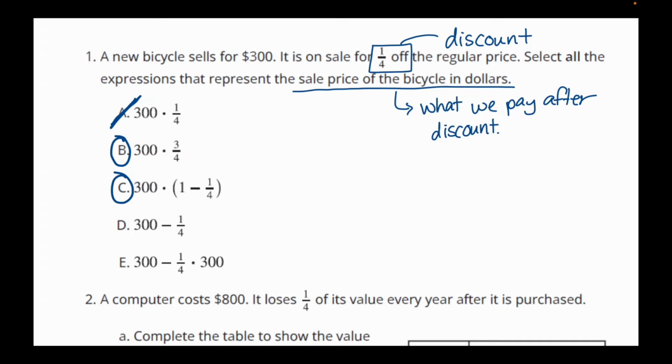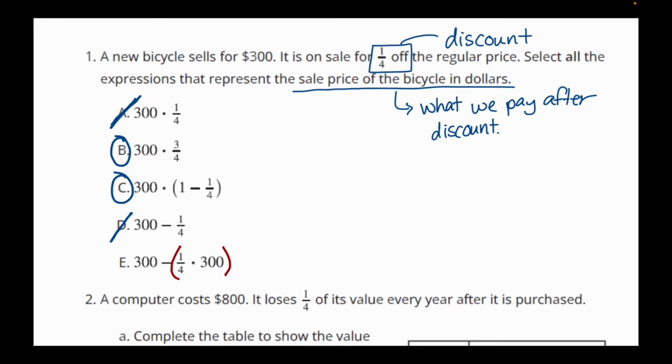D is not going to work because that's literally just subtracting the number 1/4 from 300, and that doesn't quite work. But E, on the other hand, is going to work because of PEMDAS. There's actually parentheses in here, if you imagine it that way, because we would do multiplication first instead of the subtraction.